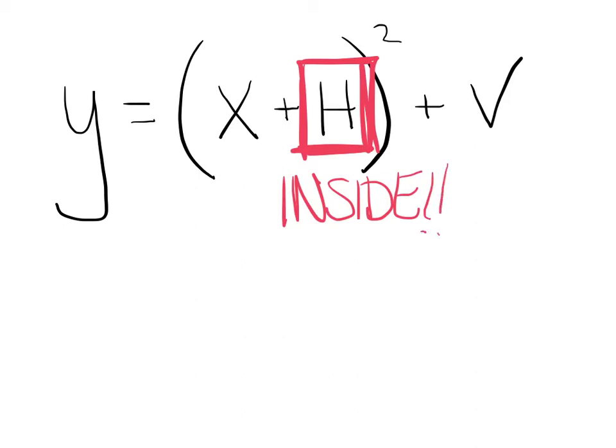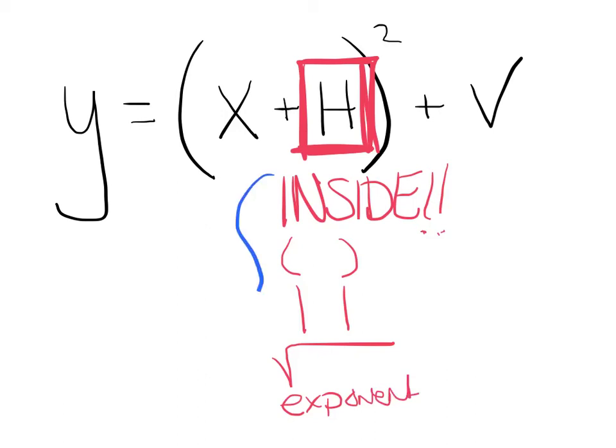Anything inside, whether it's parentheses, absolute value, under a radical, any of these, okay? Let me add exponent. All of these represent, when they're inside, a horizontal shift.